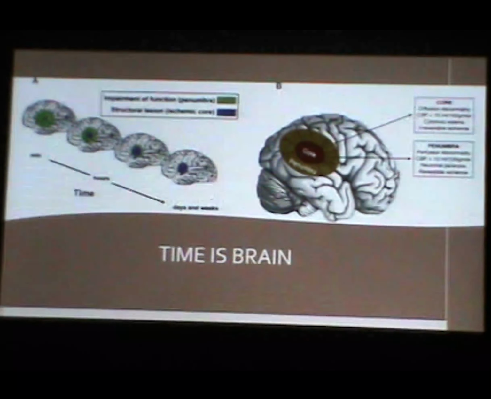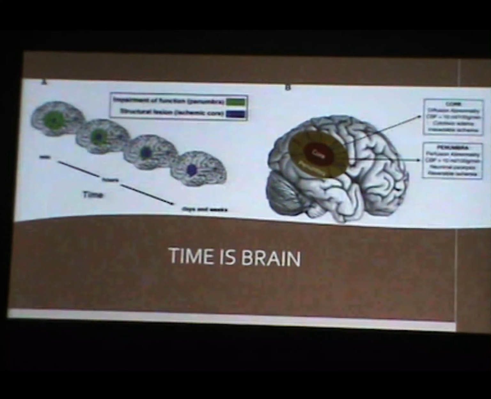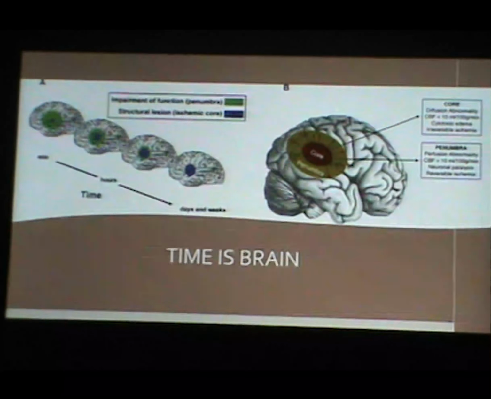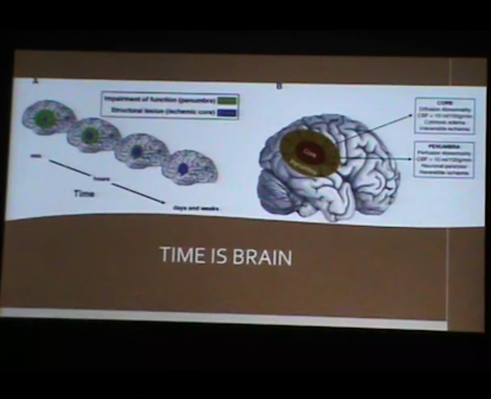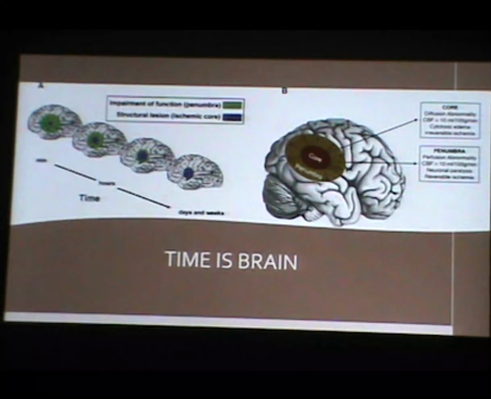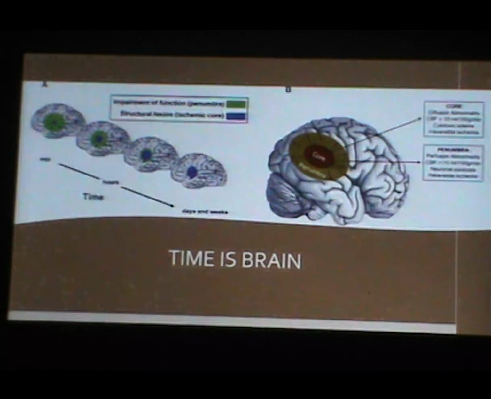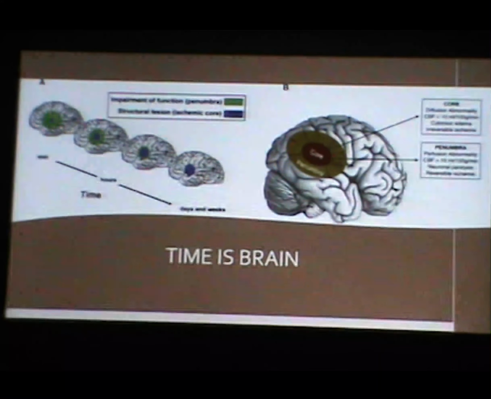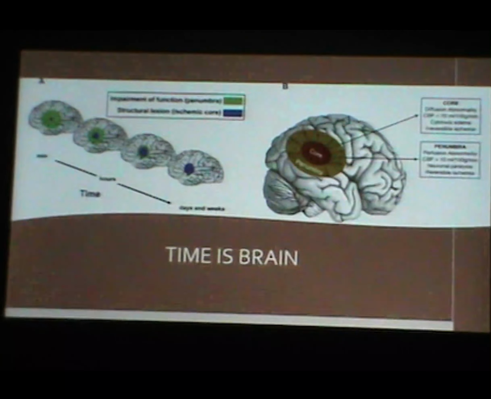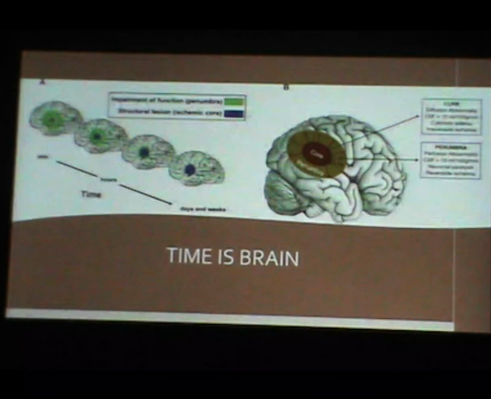When this cycle takes place, there will be a core of infarction with irreversible ischemia where the cerebral blood flow is less than 10 milliliters per 100 grams per minute, surrounded by viable tissue with reversible ischemia that can still be saved, the penumbra. This penumbra with time converts into core, so it must be saved. That's why time is brain. The penumbra is the target for emergent treatment modalities to save it.